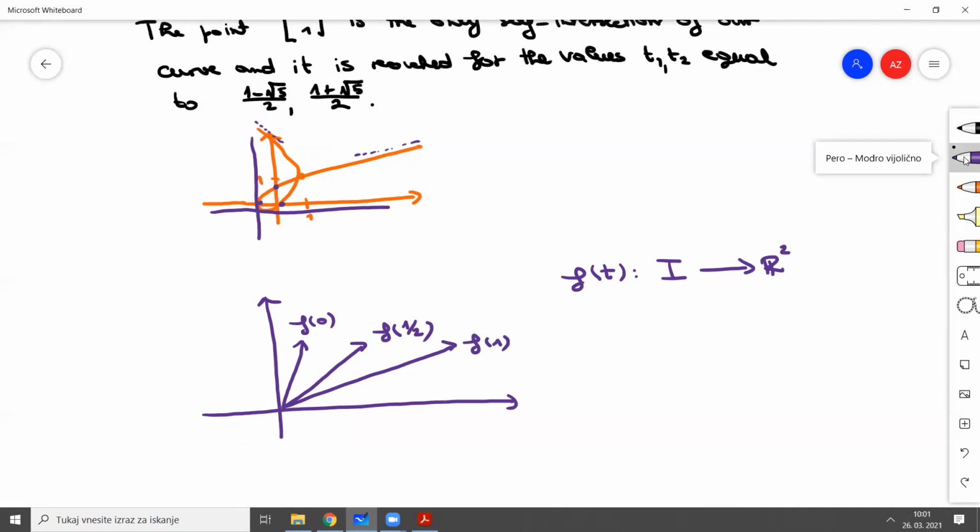And if you have a more dense parameter space, then what we get is this curve. What is of interest to us when studying self-intersection is if at some point we return to the point where we already were. So if something like that happens.